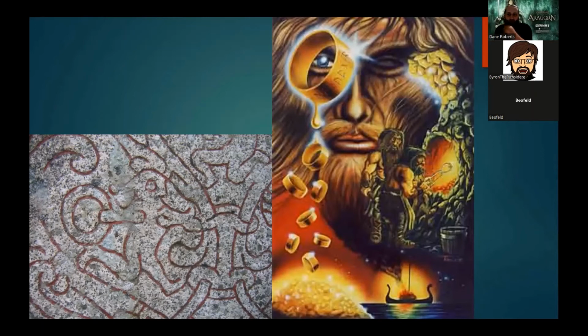Yeah, and Loki pisses him off, and so he makes a cursed ring, and somehow or another his brother gets a hold of the cursed ring, and takes it away for himself, and it causes a whole series of events called the ring cycle where people get a hold of the ring and they eventually befall misfortune. Which seems to then be what exactly happens in the Lord of the Rings as well.